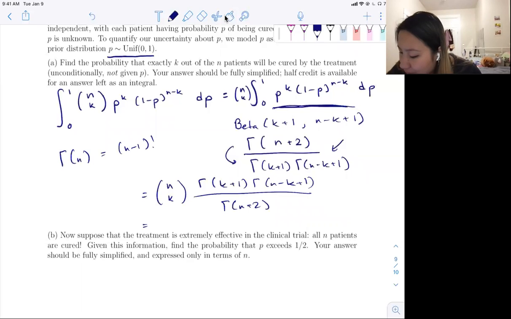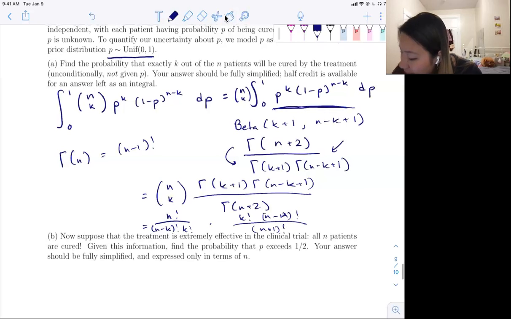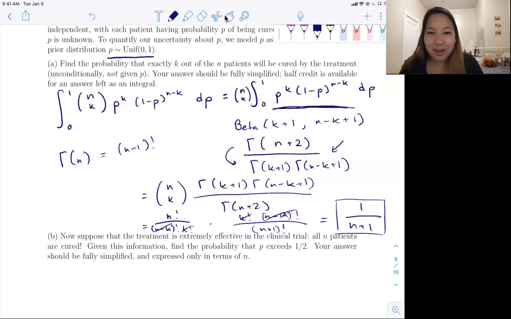So this is the binomial coefficient here, and then we have K factorial times N minus K factorial over N plus 1 factorial. And here everything cancels, so we're just left with 1 over N plus 1. So this is the unconditional probability that exactly K out of the N patients will be cured, which is pretty cool. It actually doesn't end up depending on K at all.